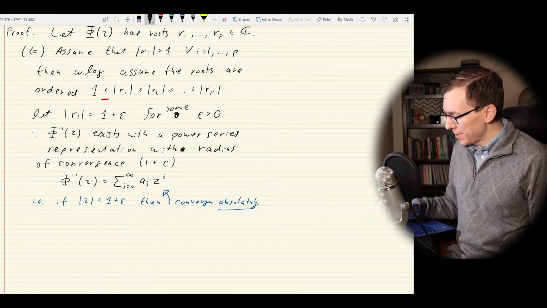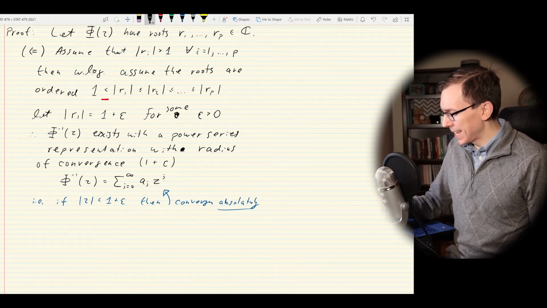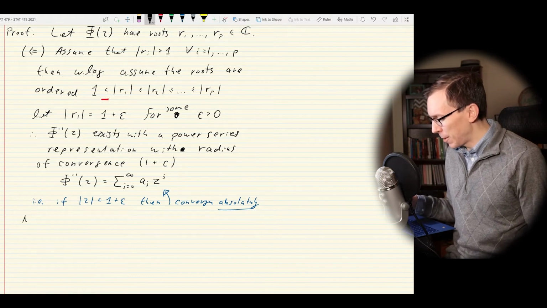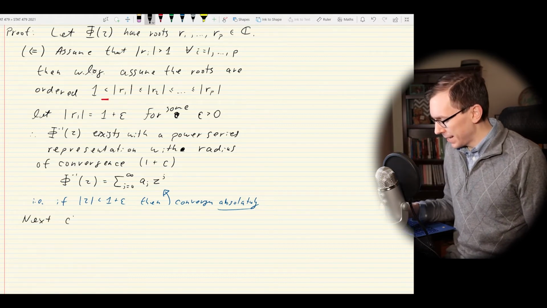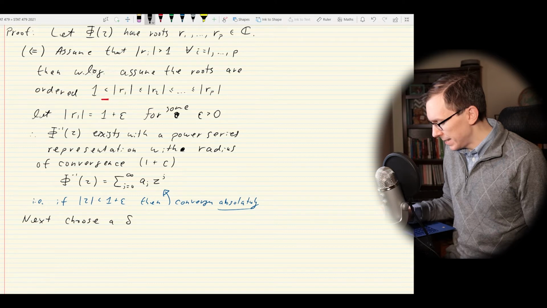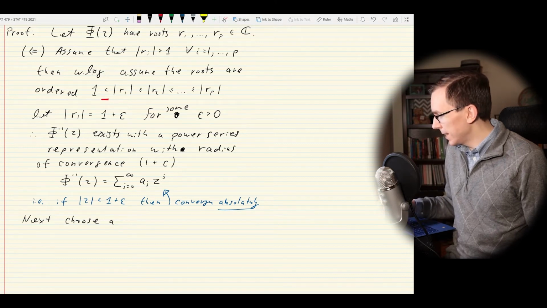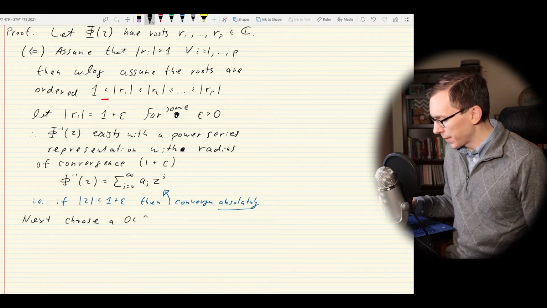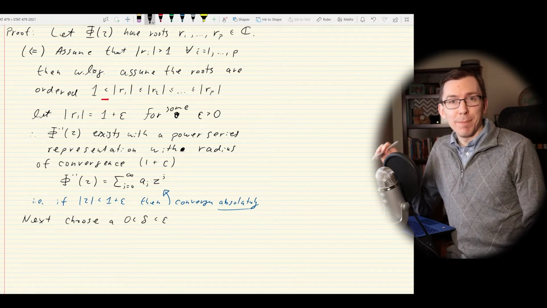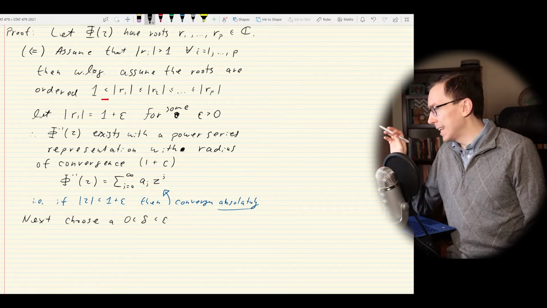Now, what do we do next? Well, that's just dealing with power series and complex numbers. Next, we choose a delta. We need to choose a delta that's strictly between 0 and epsilon. So it's still a positive number, but it also has to be less than epsilon.